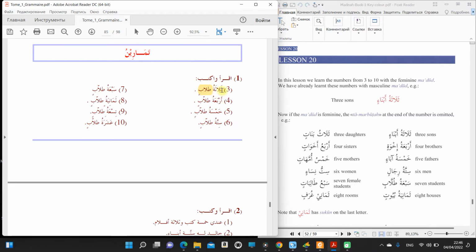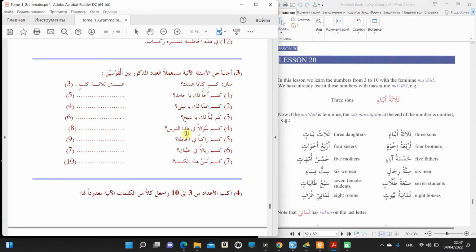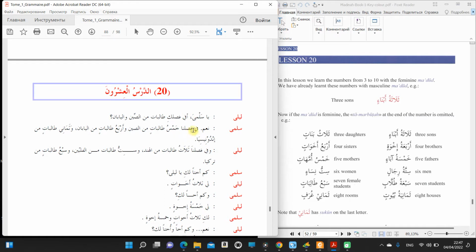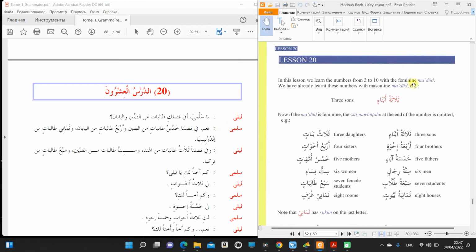We said that number 3 with the masculine ma'dud is ثلاثة, 4 أربعة, 5 خمسة, 6 ستة, 7 سبعة, 8 ثمانية, 9 تسعة, and 10 عشرة. That's how it is. And in today's lesson, we will learn the same numbers from 3 to 10, but with the feminine ma'dud.